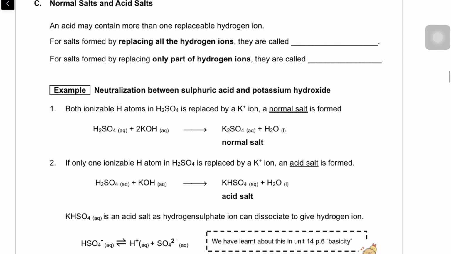Now, with this short topic, we will introduce new terms called normal salt and acid salt. As we discussed before, the acid will contribute the anion and lose its hydrogen ion. So in this case, this is for dibasic or tribasic acid only.